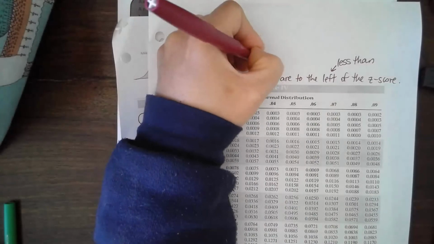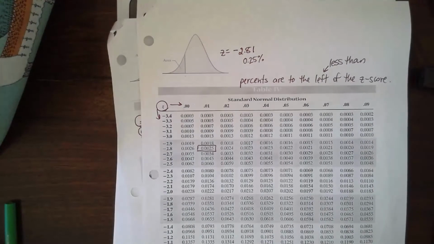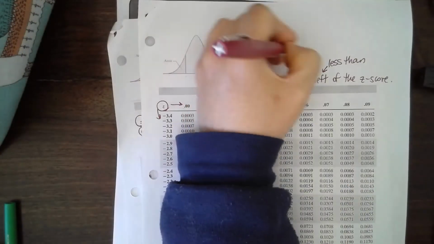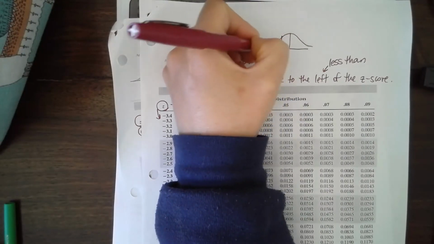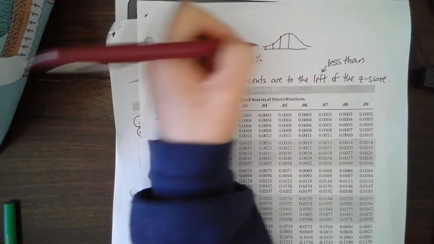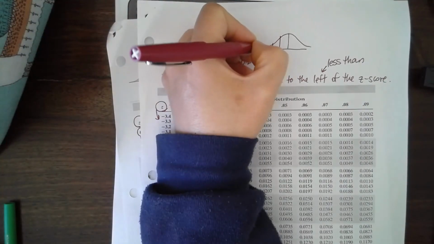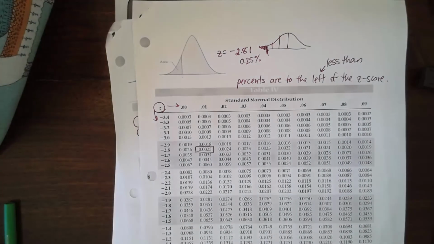So that's 0.25% of the data. It's a very small amount, and that makes sense because in our curve, 3 standard deviations is way over here, so we've only got a little bit of data to the left of it.